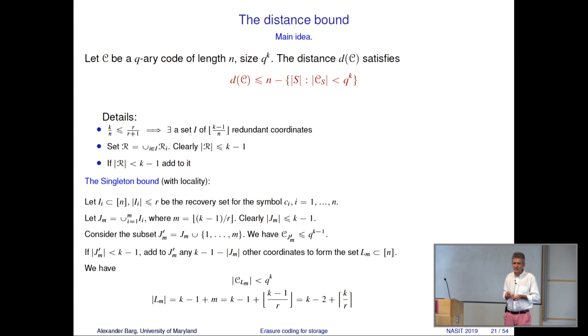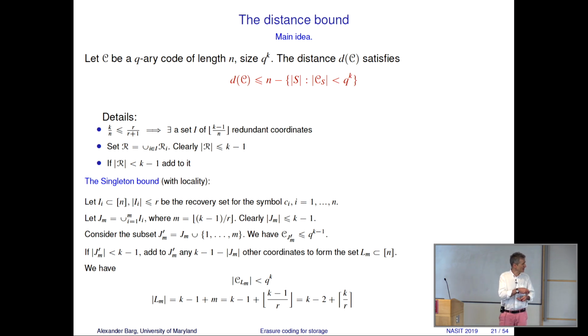There is a proof of the distance bound. It is slightly more technical. I will not go over this slide. But the idea is, again, this dependence of coordinates. We isolate a subset of coordinates that exploits the dependence structure imposed by the locality groups.